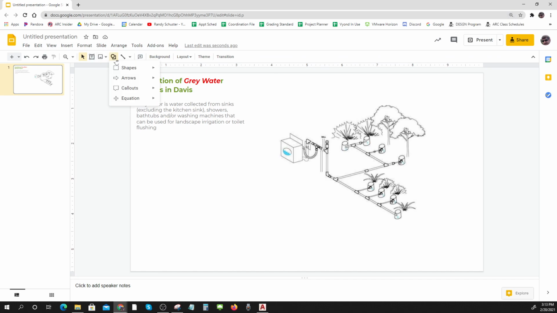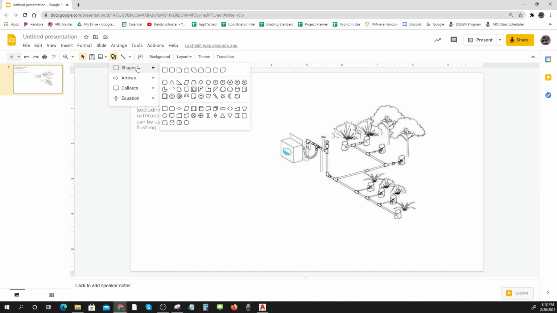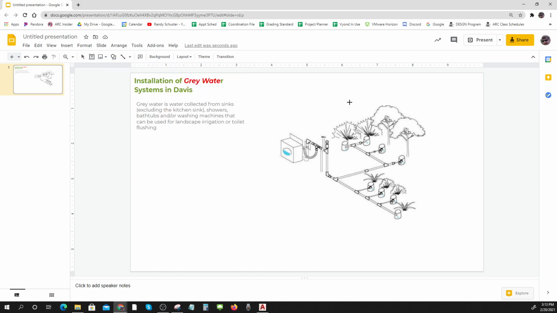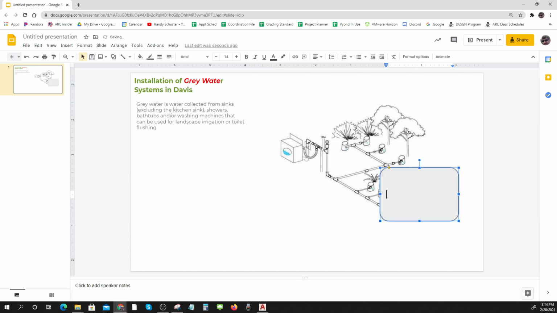So over here, this is about plantings, irrigation, where the water goes.